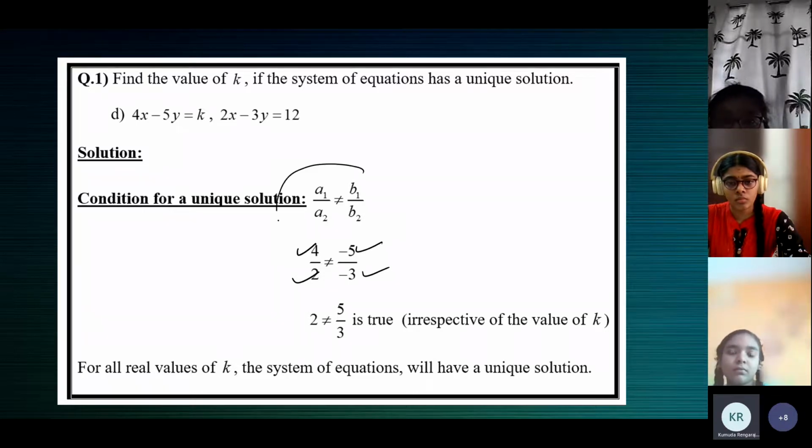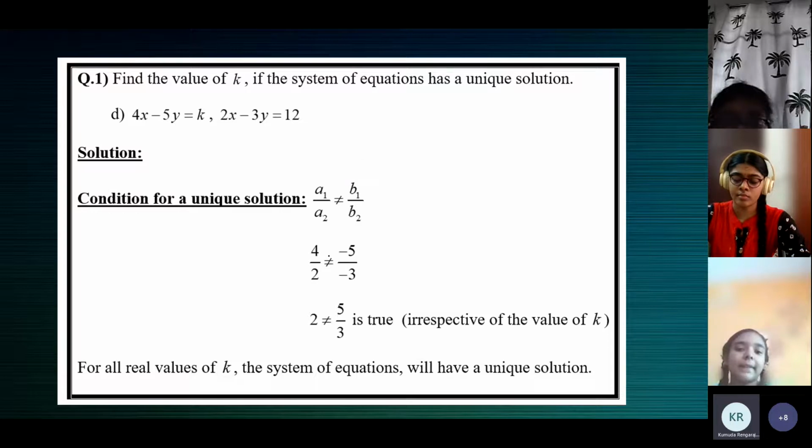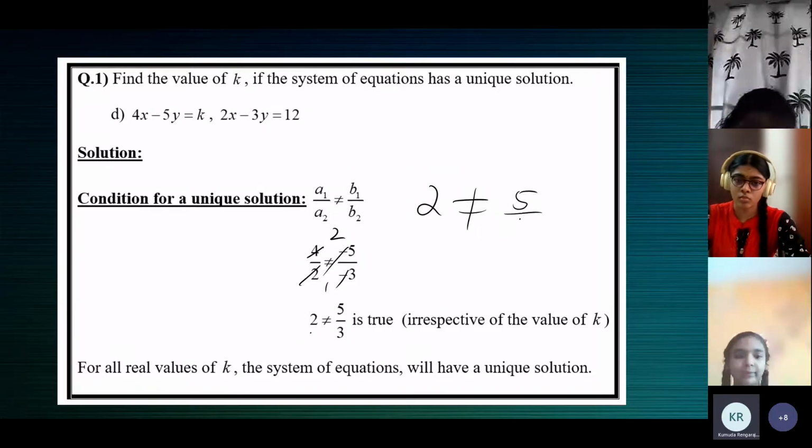This is the condition for a unique solution: A1 by A2 is not equal to B1 by B2. When you simplify, the minus and minus cancel, so you get 2 is not equal to 5 by 3.